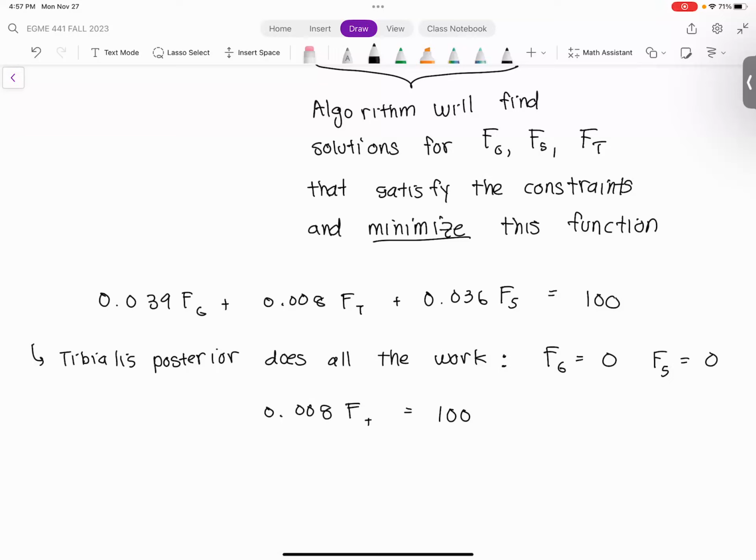Let me pull out my calculator really quick. And so if we solve for FT here, it is just going to be 100 divided by 0.008. So FT in this case will be 12,500 newtons.